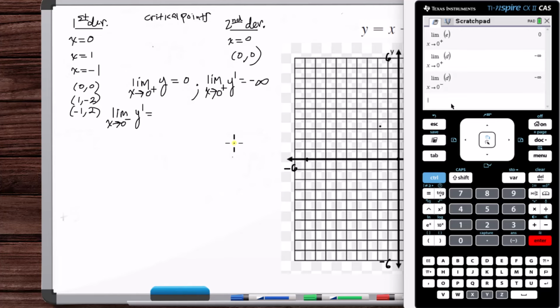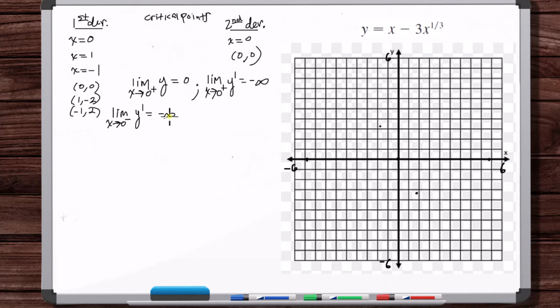Negative infinity. So that's telling us that this critical point here is associated with a vertical slope. The limit as x approaches 0 from the left and the right of just the function is also going to be 0 as a direct plug-in. So the limit as x approaches 0 in general of the function is equal to 0.